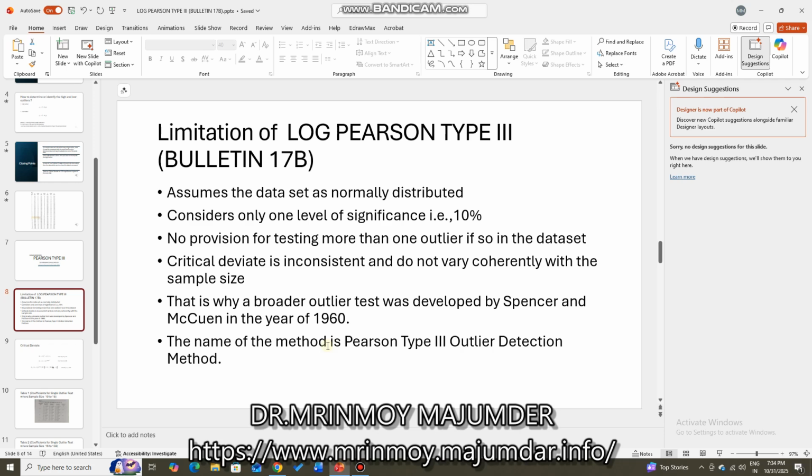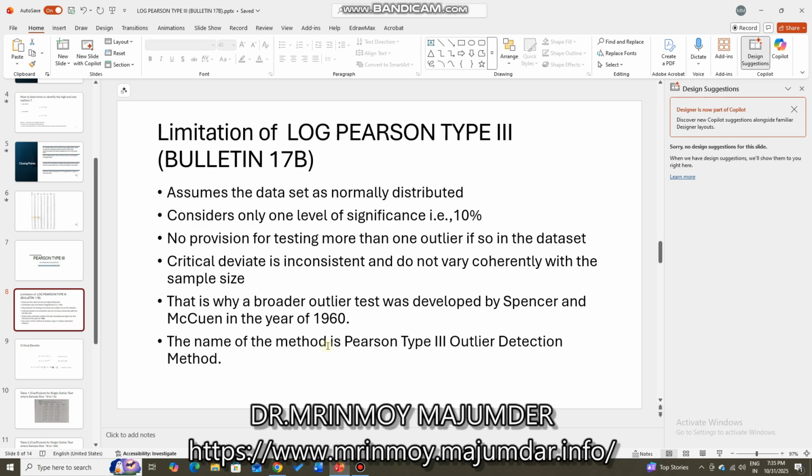The only difference between this new method and the earlier log Pearson method is the way we calculate the value of the critical deviate K subscript n.